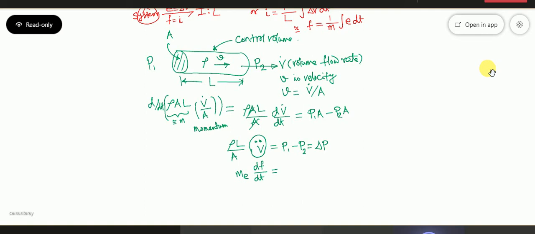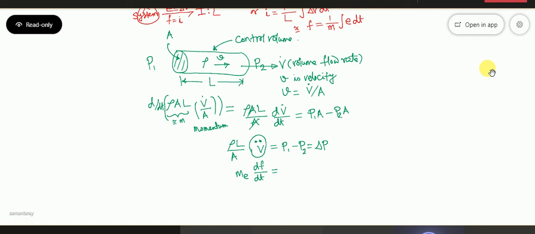That is not true. Rho A L can be used as inertia when the effort variable is force and the flow variable is velocity. Whereas in the hydraulic domain, our effort variable is pressure difference and flow variable is volume flow rate.